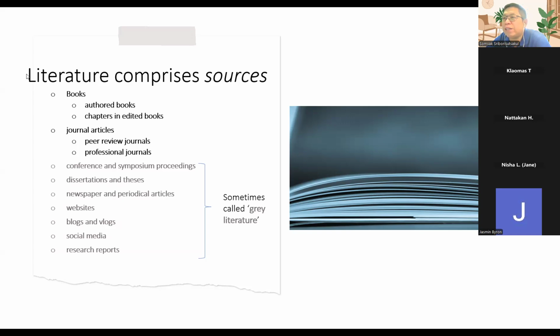And finally, research reports. Research reports sometimes come from scholars, researchers, who publish after they finish a research project. When you finish your small-scale literature review, sometimes we treat that kind of assignment as a research report.